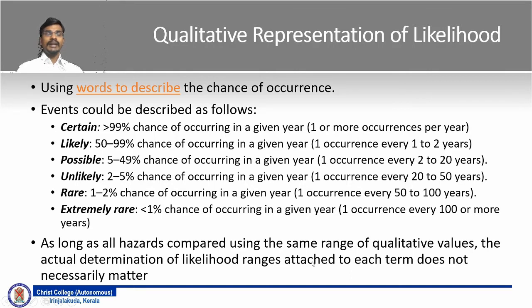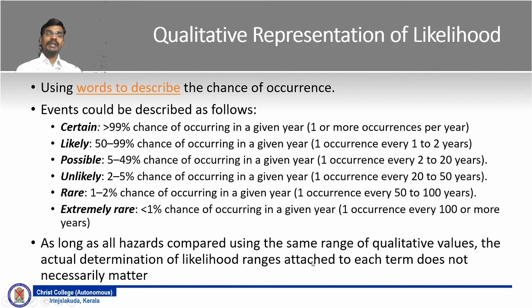The term unlikely is used when the chance of occurrence of the hazard in a given year is only 2 to 5%, which means that there is only one occurrence every 20 to 50 years. Similarly, the term rare is used when the chance of occurring is 1 to 2% in a year, which means one occurrence in every 50 to 100 years.